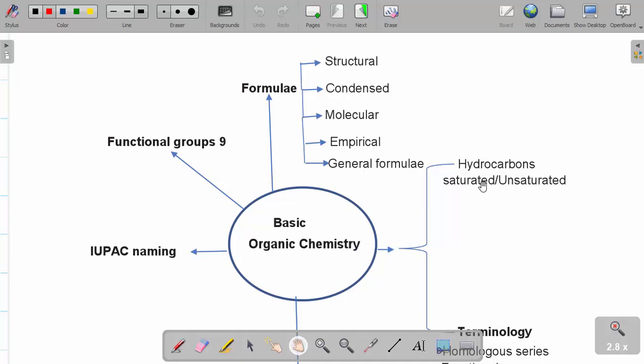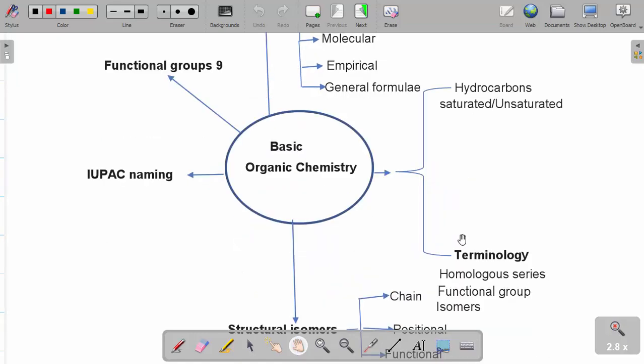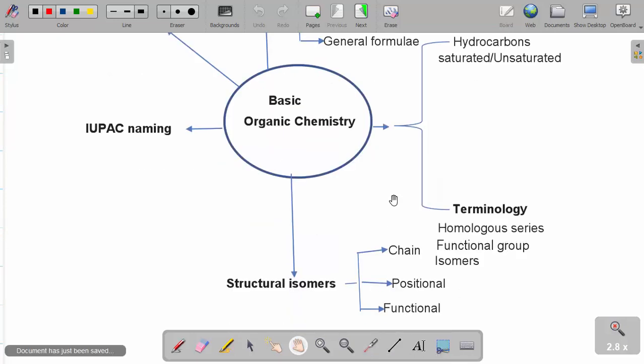Now these hydrocarbons, they are two types. We have what we call saturated and unsaturated. Okay, don't worry about definitions for now, we are going to talk about them shortly. And then also have another terminology which is to do with homologous series, functional group, and isomers.